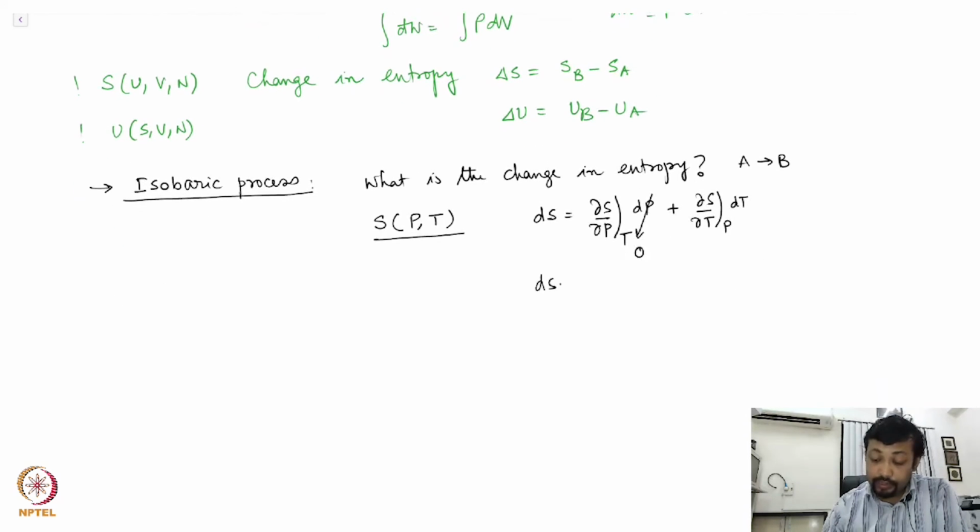So it follows dS is C_P by T dT, where C_P is T (del S del T) at constant pressure, the specific heat at constant pressure, right?